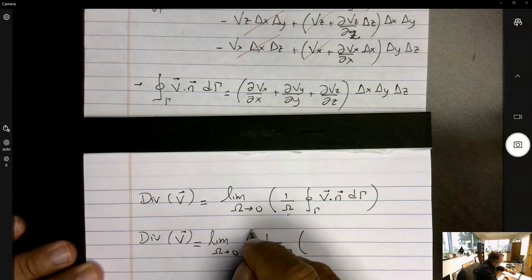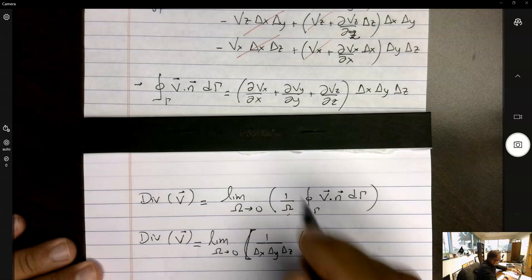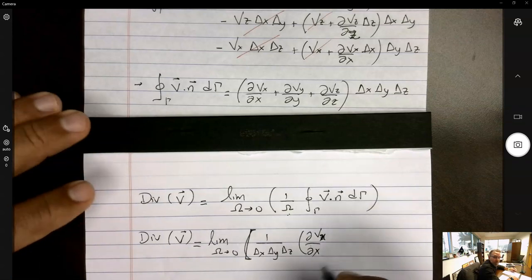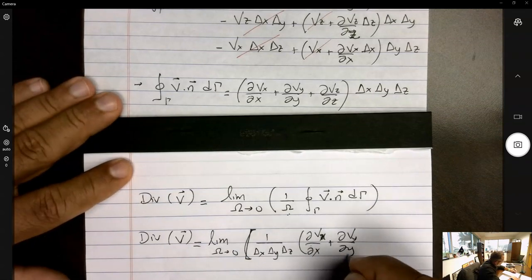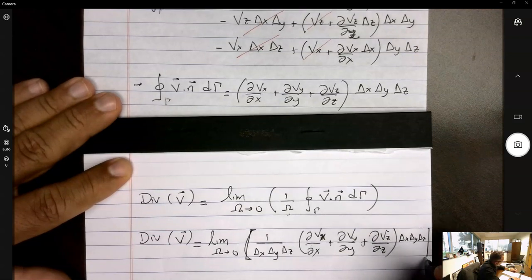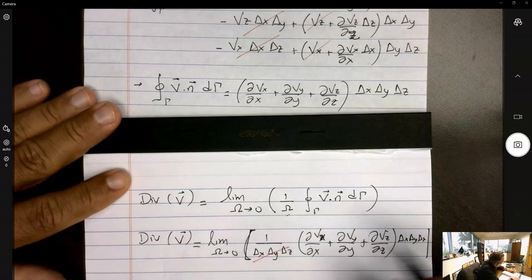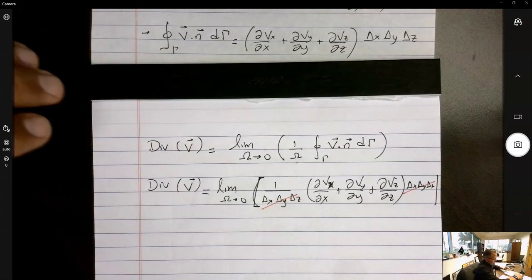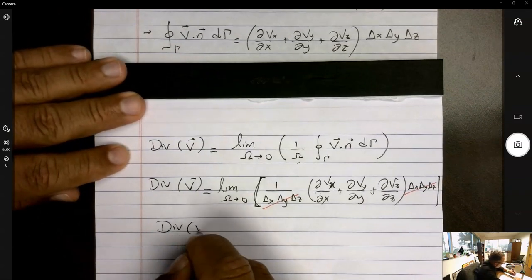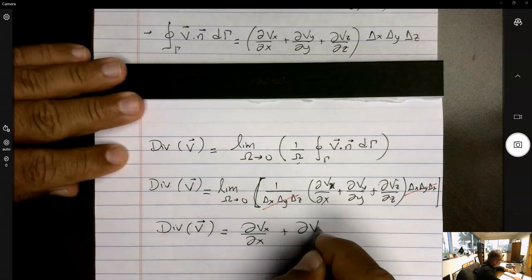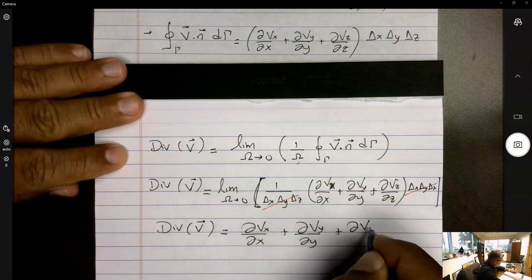And this integral, I'm going to use brackets instead, we already figured out is dvx/dx plus dvy/dy plus dvz/dz, times delta x, delta y, delta z. Notice that the denominator, the volume, goes with the volume in the numerator. And now the divergence of V is equal to dvx/dx plus dvy/dy plus dvz/dz.